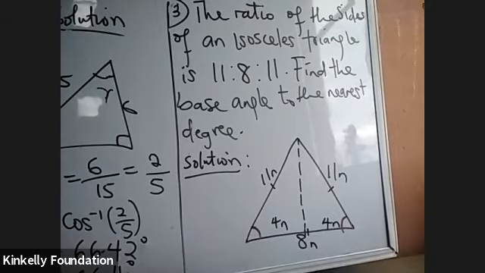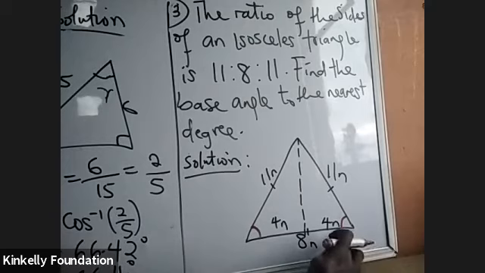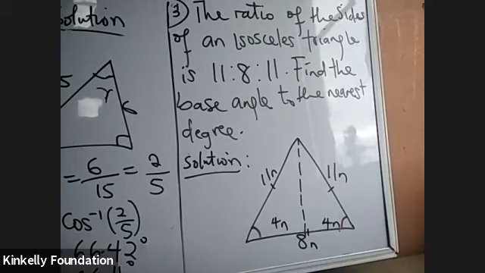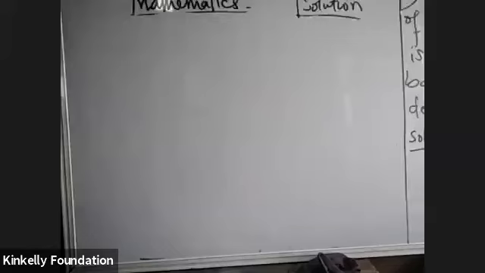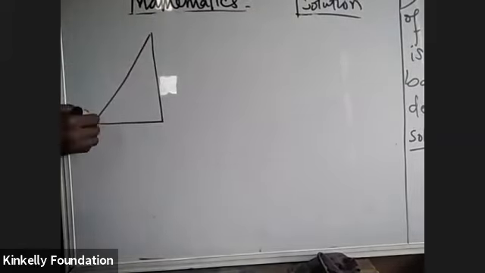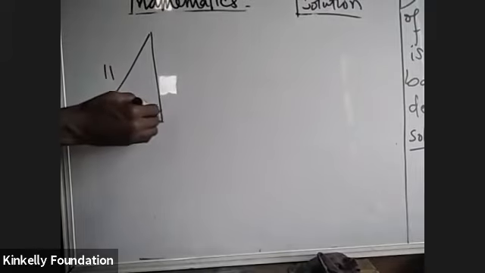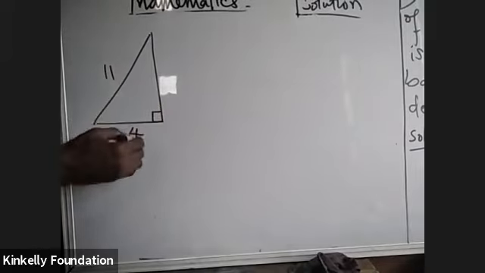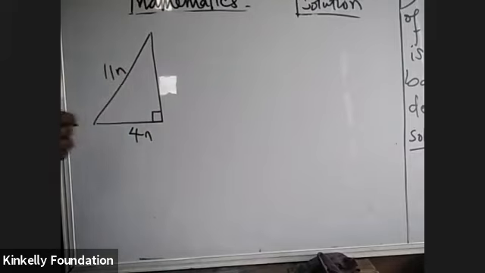You know that the base angles are equal in an isosceles triangle. So let us go to the other side and work on this. We consider one part of that shape. We have something like this. This is 11n. Remember, this is a right angle. Here is 4n and 11n.